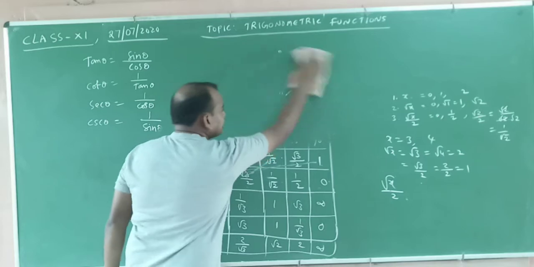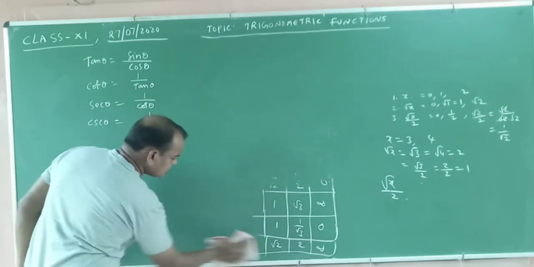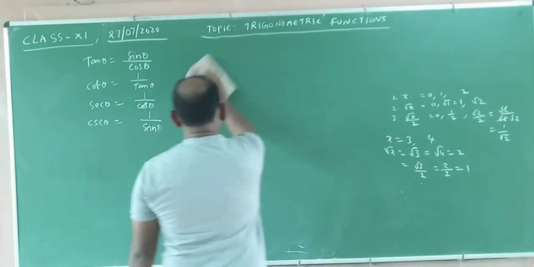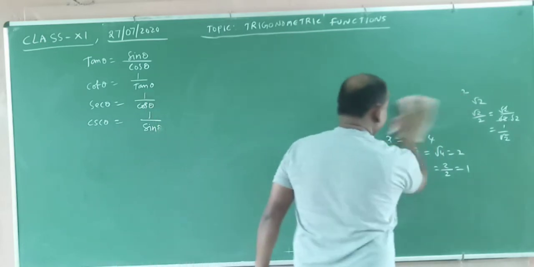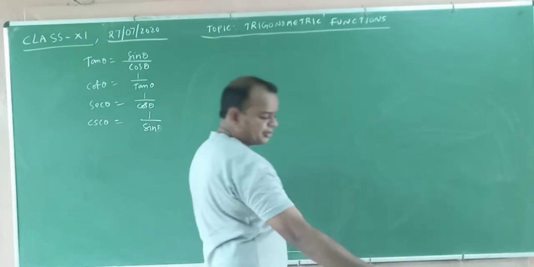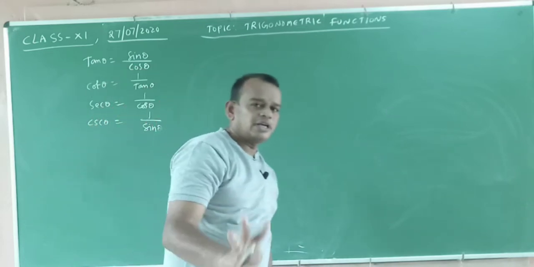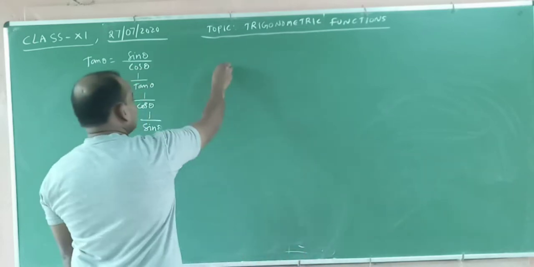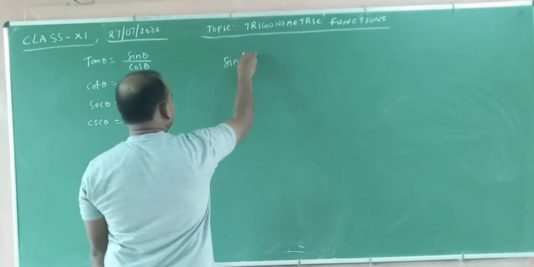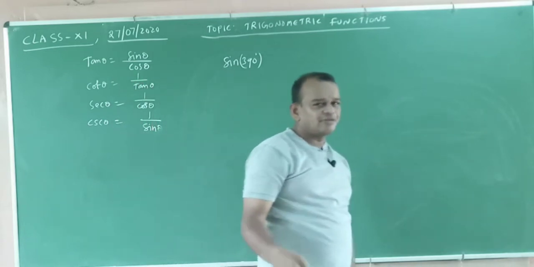Now these are the trigonometric values. How to find the trigonometric values, remember once again. Now calculate. For suppose from the examination point of view, find the value of sin 390 degrees, or cos 390, whatever it may be.